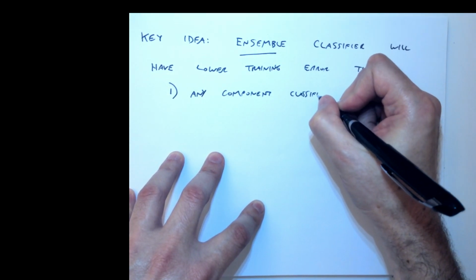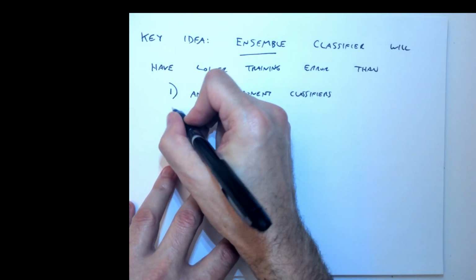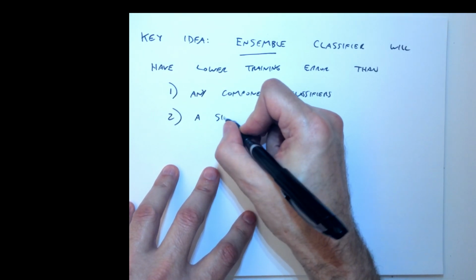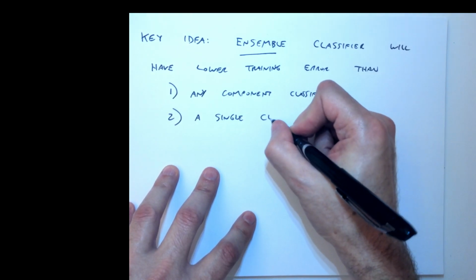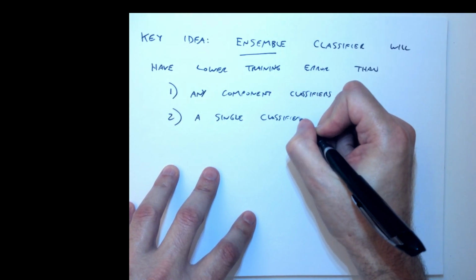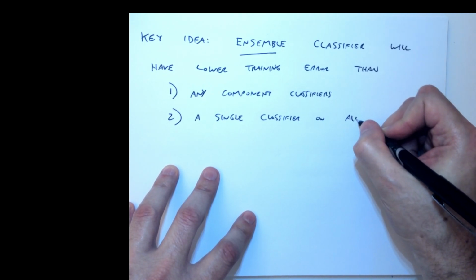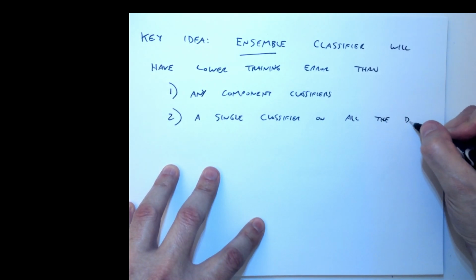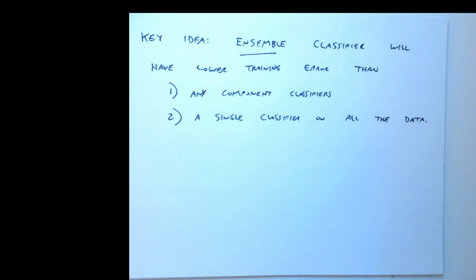So the ensemble is better than any of its parts, and it's also better than a single classifier on all the data. Meaning that this idea of not trying to train on the whole data set at once, but training on sampled pieces of the data set and allowing for more generalization is a better thing to do, okay?